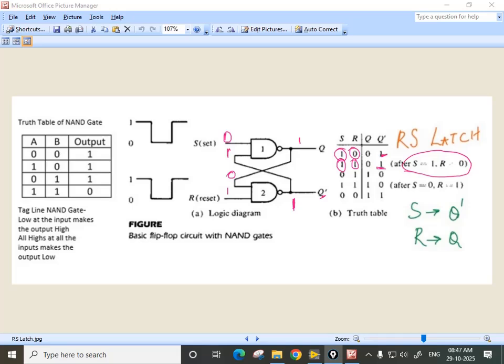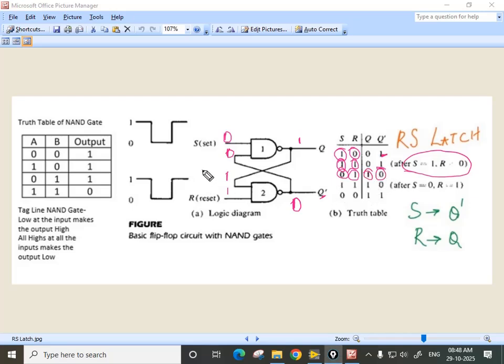Then we have 1 1 at the input, and all inputs high make the output low, so this is 0, and 0 fed back over here makes this 0. 0 0 at the input makes the output high, so Q becomes high and Q dash becomes low.